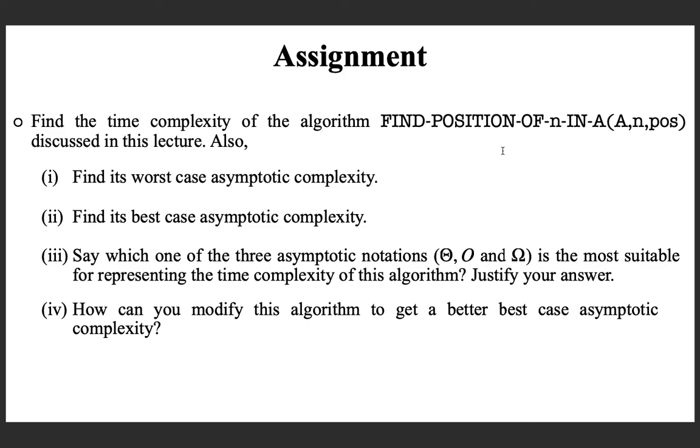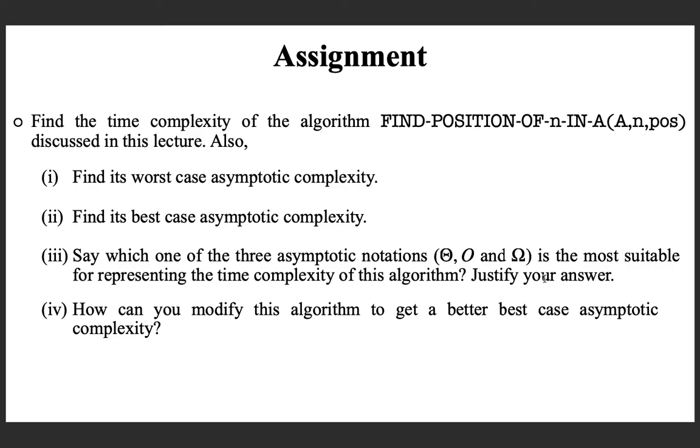You find the worst case asymptotic complexity, also its best case asymptotic complexity, and say which one of the three asymptotic notations among theta, big O and omega is the most suitable for representing the time complexity of this algorithm, whether it is theta or big O or omega. And justify your answer.